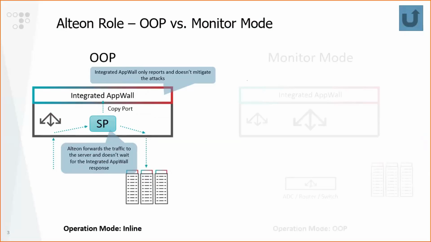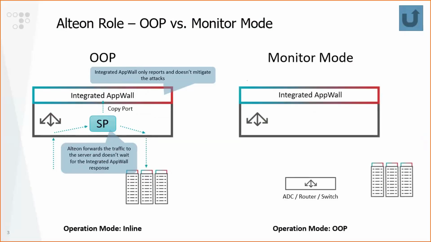The new mode, which is called monitor mode, is a bit different from out-of-path. In this mode, Alteon is not part of the inline traffic. We have a router or a switch, or even an ADC. The switch forwards the traffic to the server and also duplicates and sends a copy of the traffic to the Alteon.